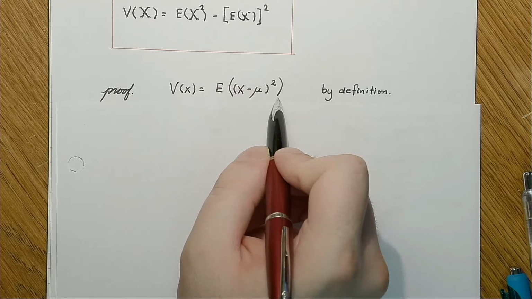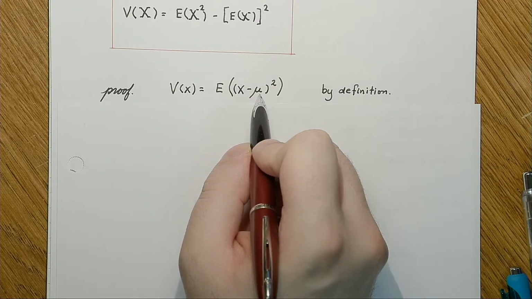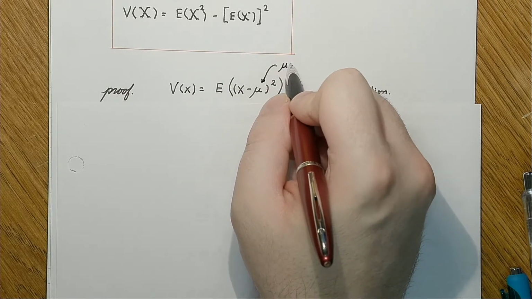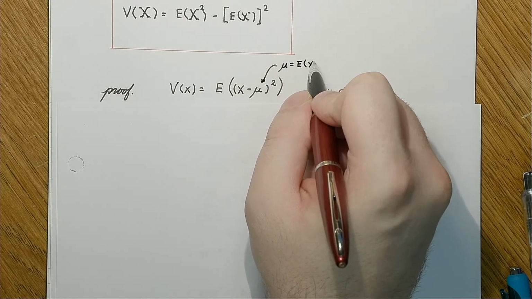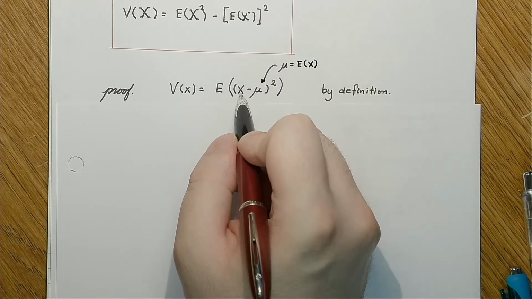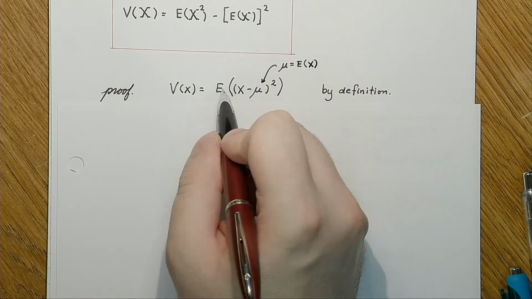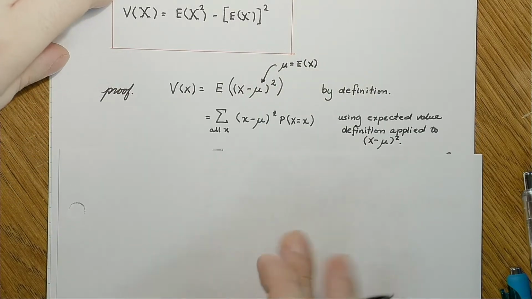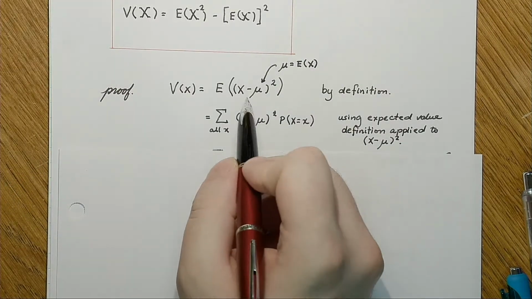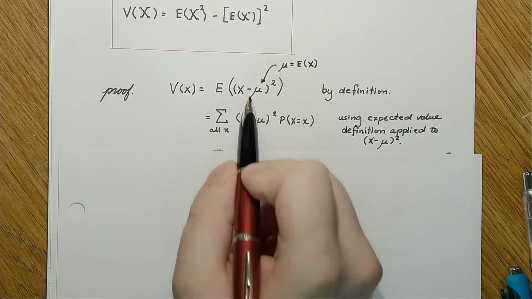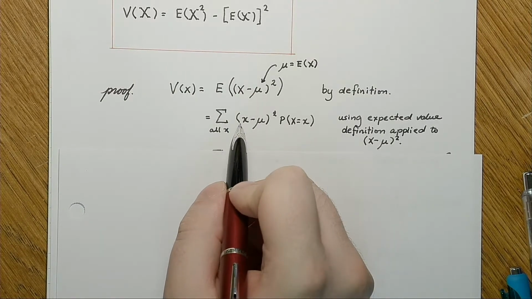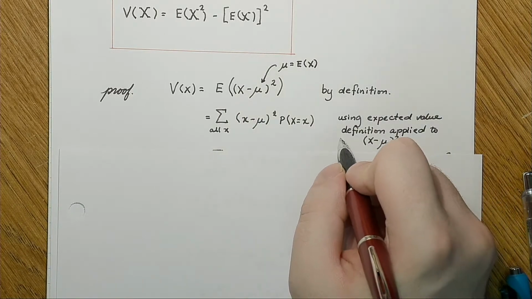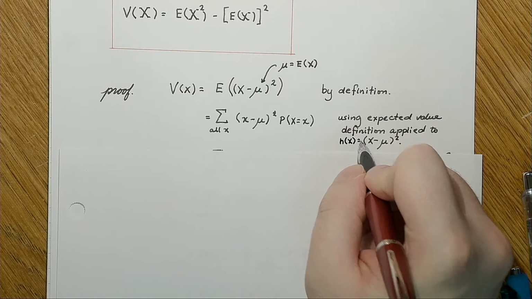We start out by definition. We have, again, the distance from the expected value, and mu is the expected value. So it's x minus mu, and we're going to square that and take the expectation. Now using our definition, we can apply that to this. You can think of this as our function, h of x.